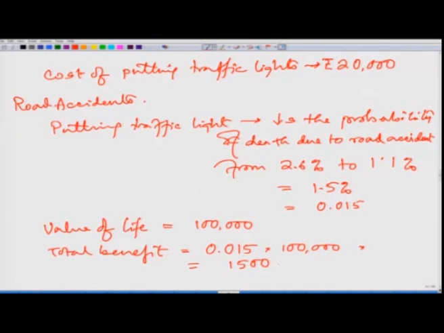Then this is my total benefit. My total cost of putting a traffic light is 20,000. So my net benefit is 18,500. The government will certainly opt for putting a traffic light. So this is how we do a cost benefit analysis.